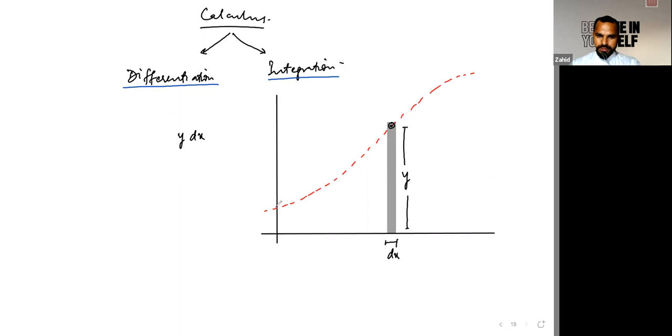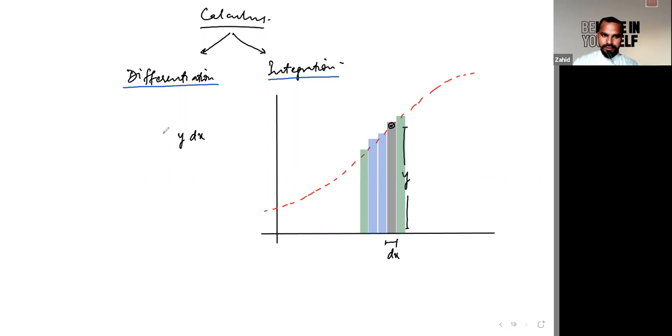And if I assume this particular curve would have infinite number of strips extending from one end to other end like this, and so on, you have to sum up all these strips extending from one end to other end.